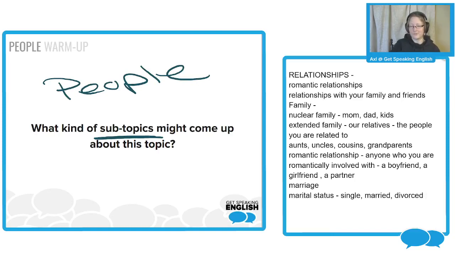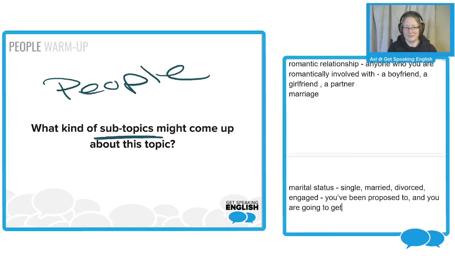So lots of different things that we could say. Oh, maybe also engaged. If you're engaged, you've had the proposal, so you've been proposed to, and you are going to get married in the future.